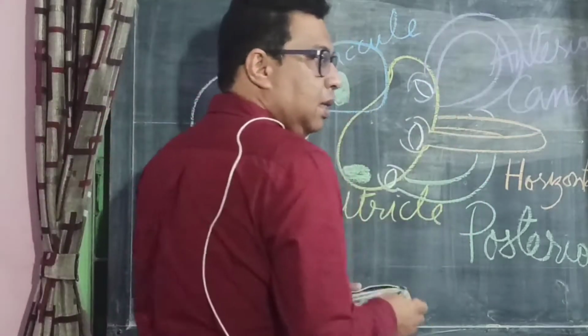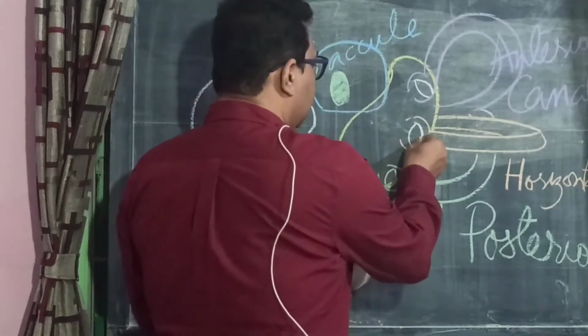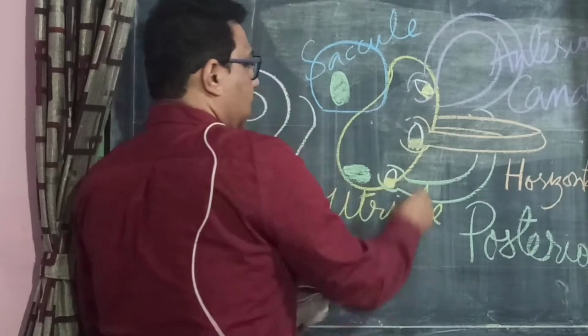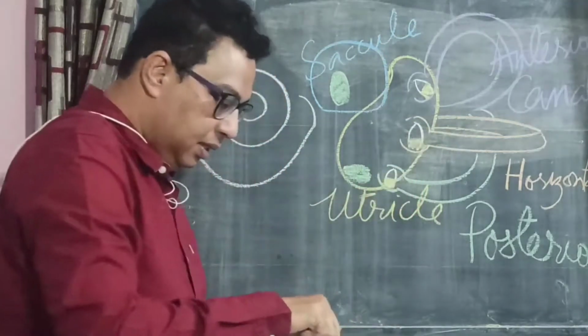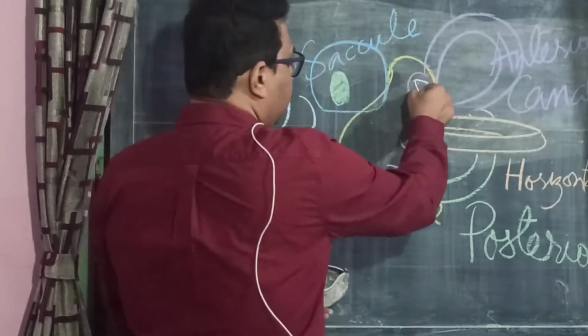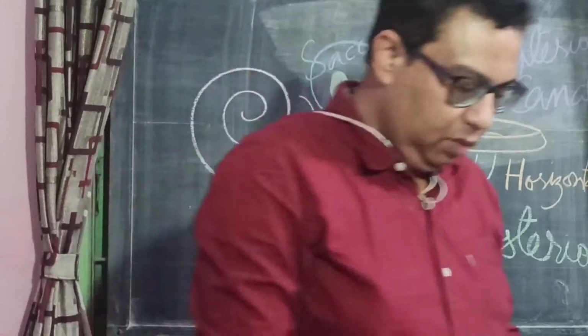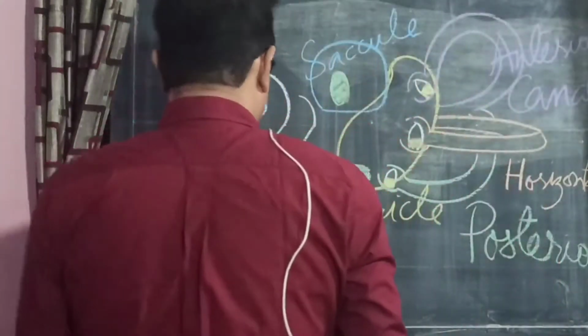Here they are embedded in a structure called the cristae, and a gelatinous substance is on top, dome shaped, which is called the cupula. We'll talk about it a little later.